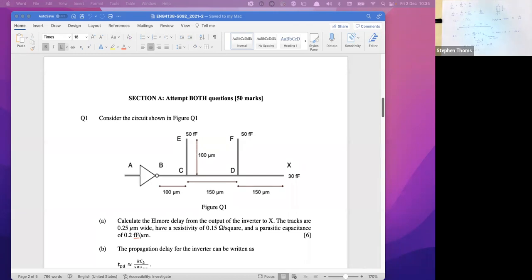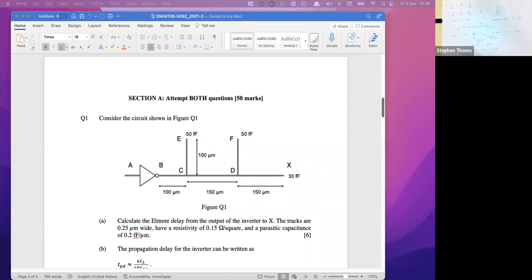It's just 1.5 times what we had before, so it's going to be 90. Whereas the capacitance, that again is 1.5 times what we had before. So that's going to be 30. Sorry, somebody's got a comment. Yeah, 90 for 1.5, you've corrected it there.